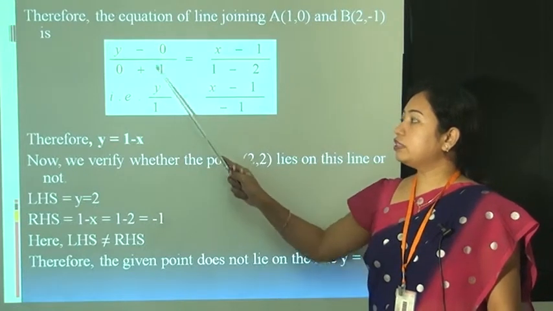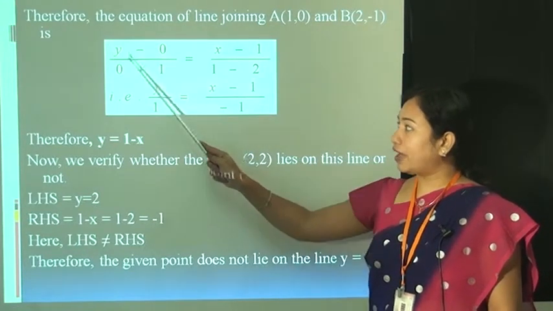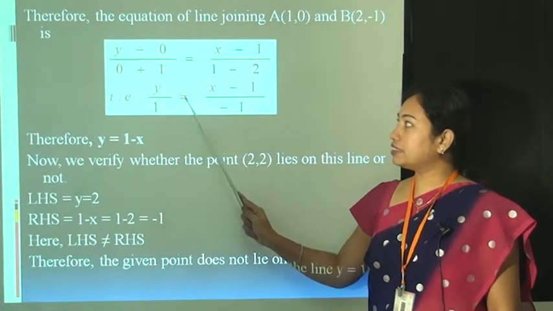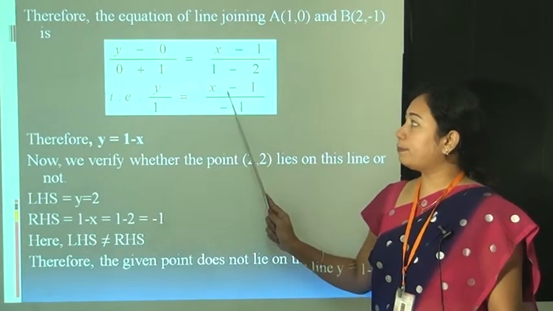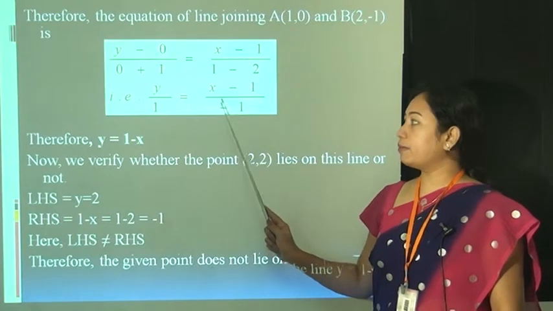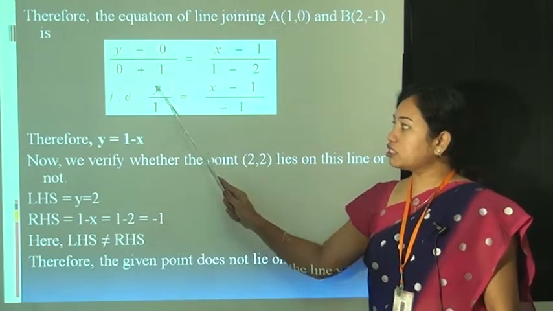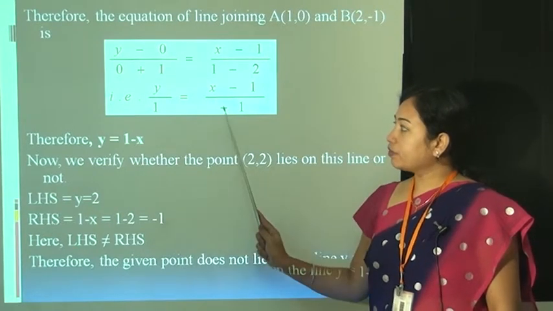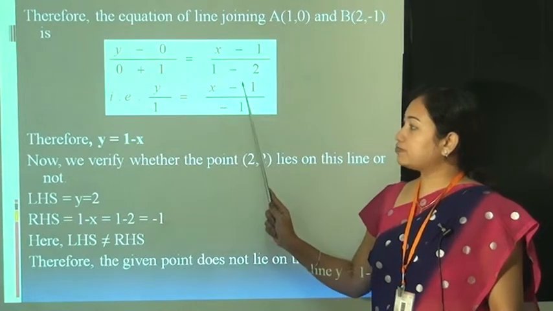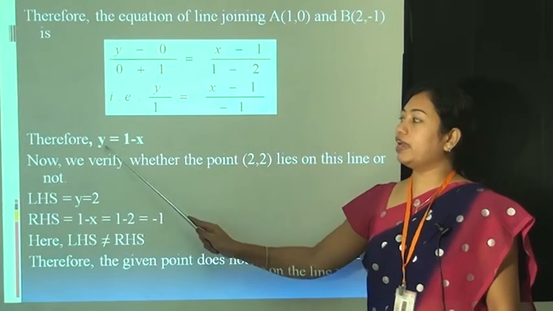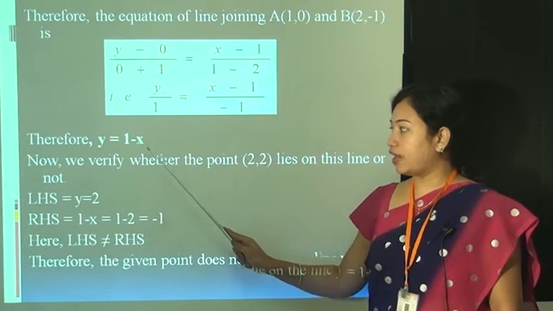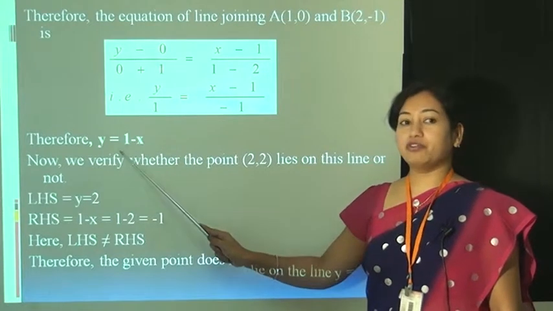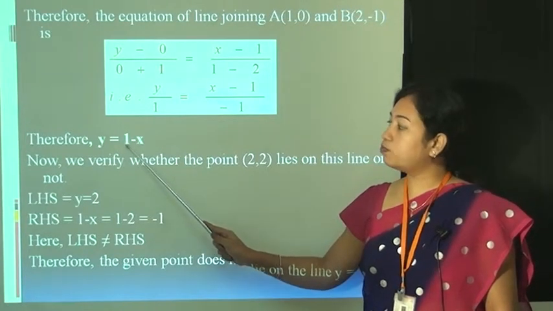So y minus 0 is y and 0 plus 1 is 1, is equal to x minus 1 upon 1 minus 2, which is minus 1. So cross multiply these two terms, we get minus y is equal to x minus 1, or finally we get y is equal to 1 minus x. So this one is the required equation of line joining these 2 points.